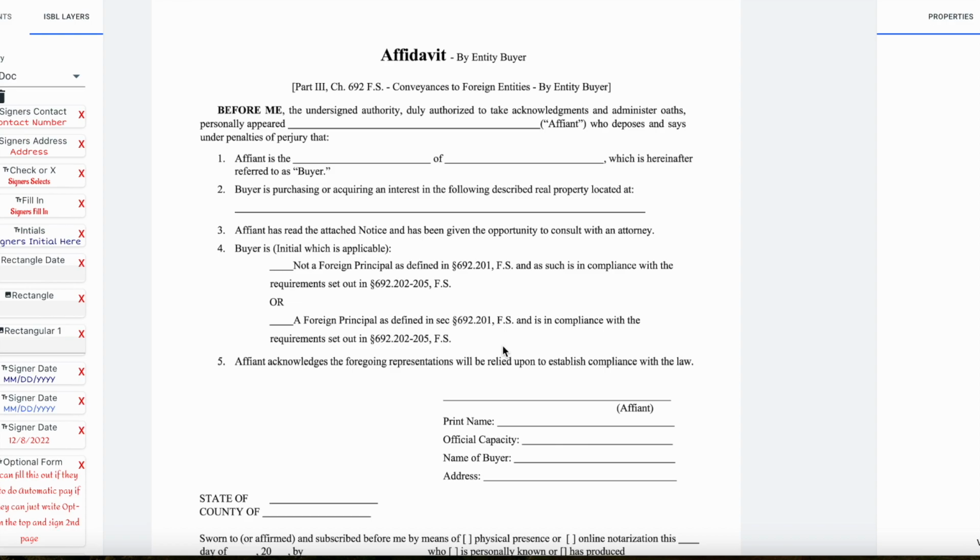It must be signed by an individual who is authorized to sign on behalf of the entity. The affidavit would typically require the title of the person signing to indicate their authority to bind the entity. So basically, if the person signing is John Doe, it would be John Doe, member. Underneath his name would be a comment that says member, being he's a member of this company and he's allowed to sign for this company.